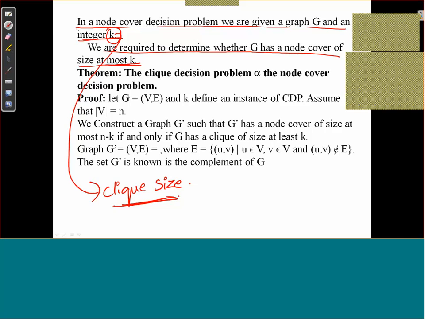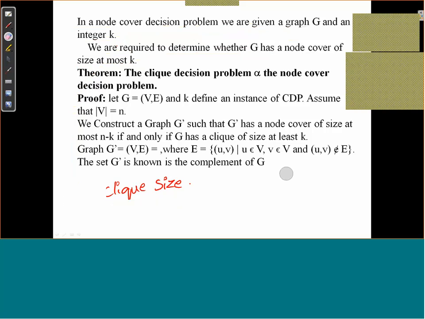We'll see another example. After that, we'll prove whether the node cover decision problem is NP hard or not.